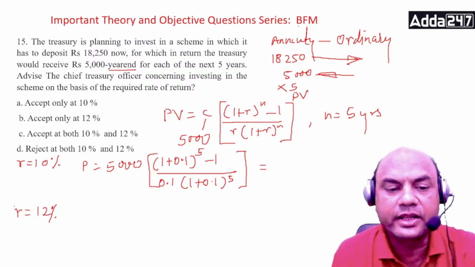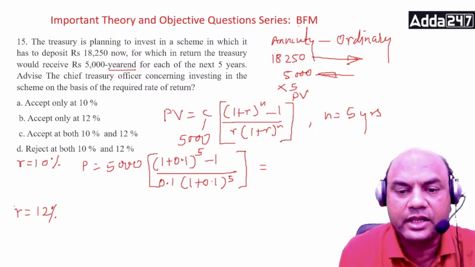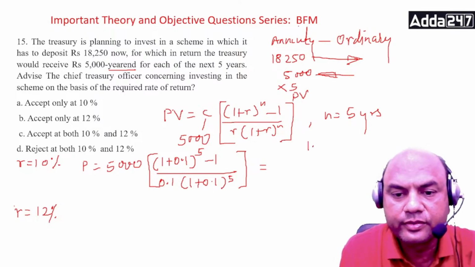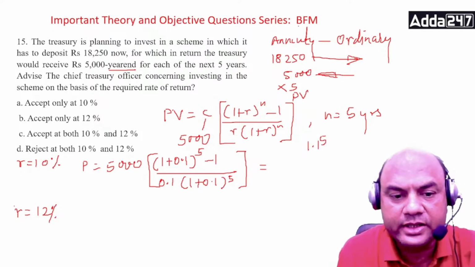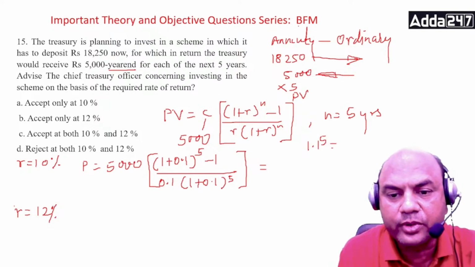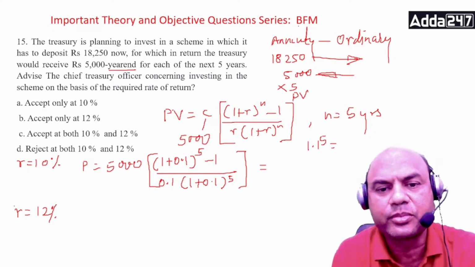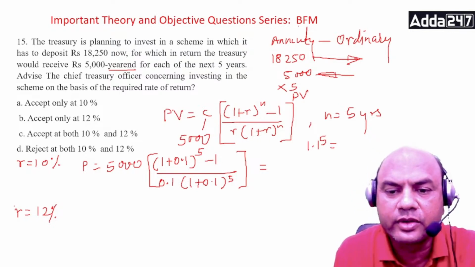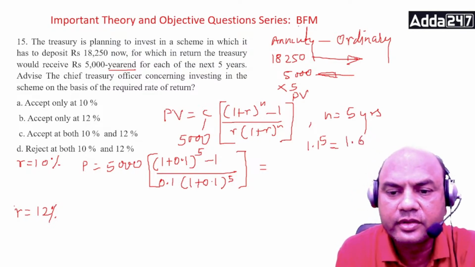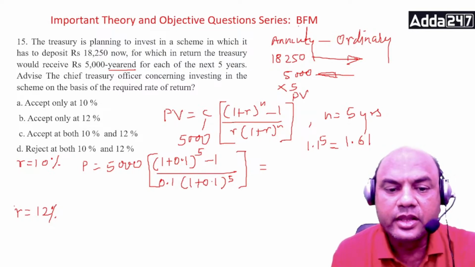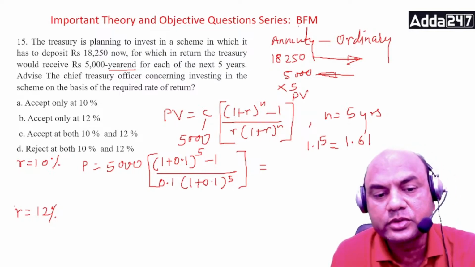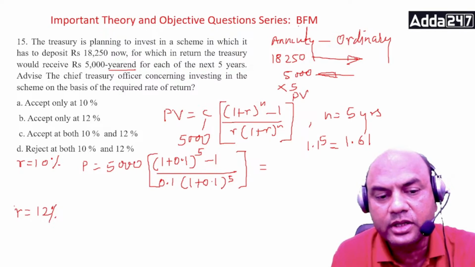So I'll write this separately: 1.1 raised to 5 equals 1.61 something, isn't it? Let's take it only 1.61. Now this 1.61 will be used all the time, in the numerator also, in the denominator also.